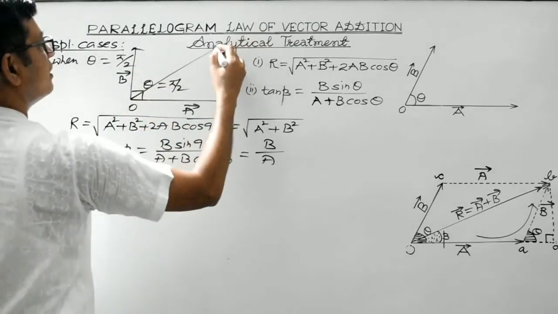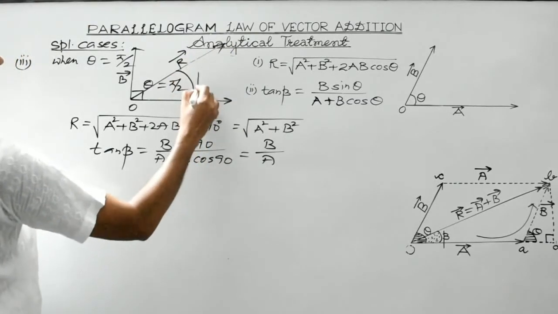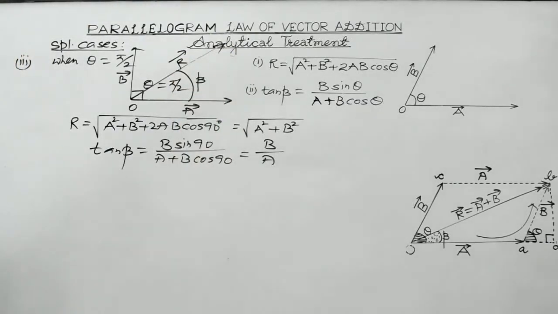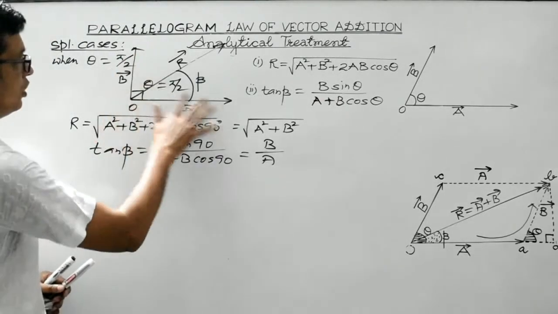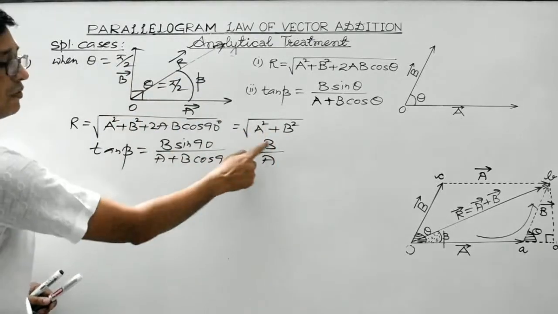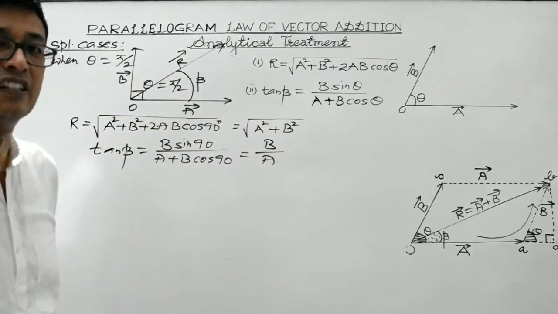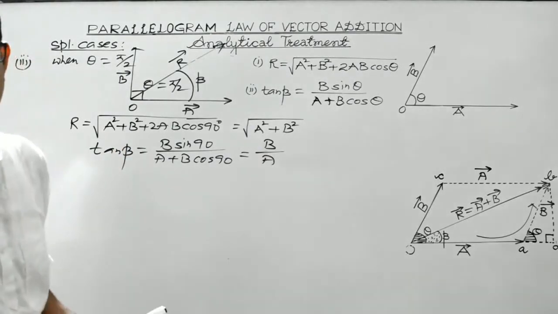This will be the resultant and this is angle beta. Clear students? So in case both the vectors are perpendicular to each other, this will be the magnitude of the resultant and this will give us the direction of the resultant, angle beta, which the resultant makes with A vector.